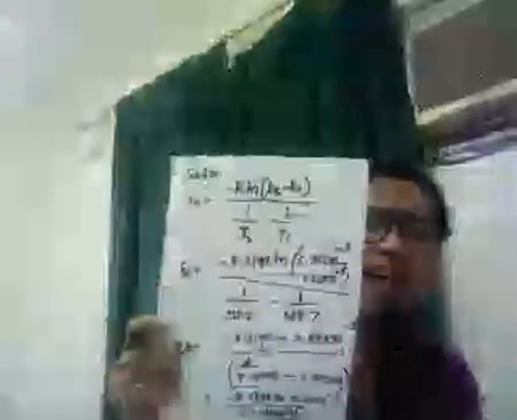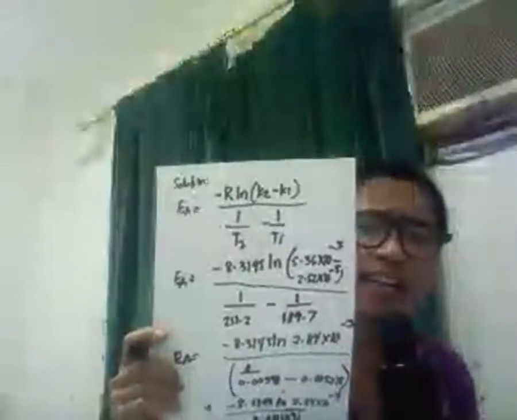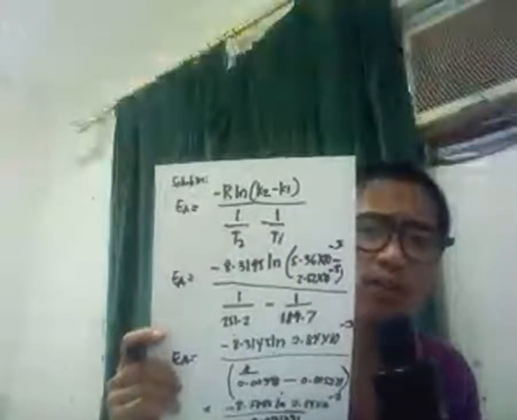Okay, this is your assignment, guys. Prove to me that the activation energy formula will be equal to negative R ln K2 minus K1 over 1 over T2 minus 1 over T1. Then, if you can find a source, other books or whatever, that says only ln K2 over K1, show it to me and let's agree that we will use that one. But this is what I see in the other sources.